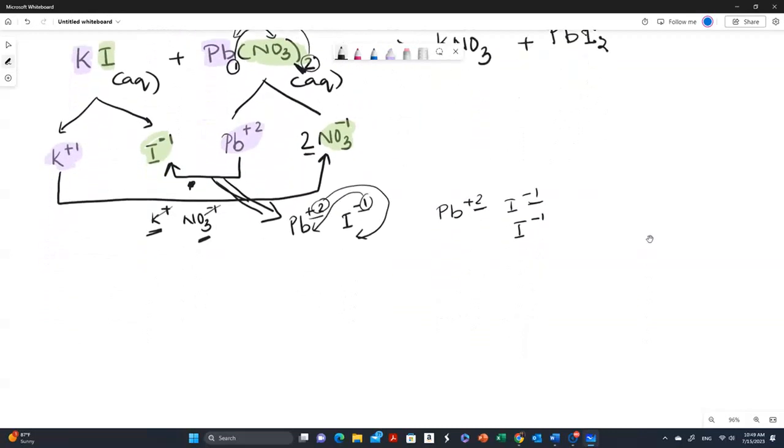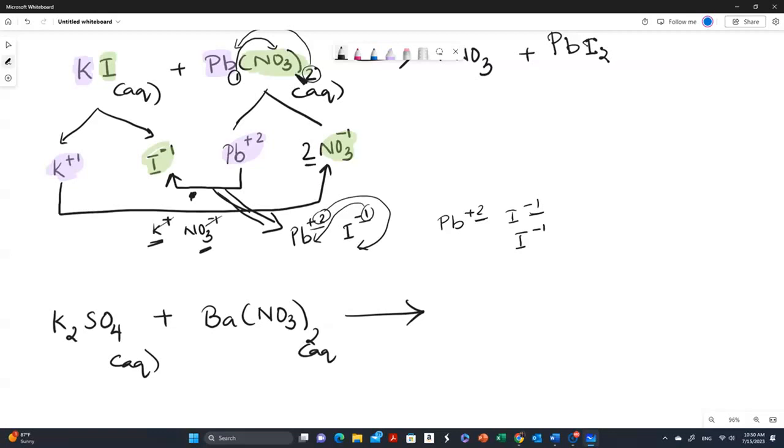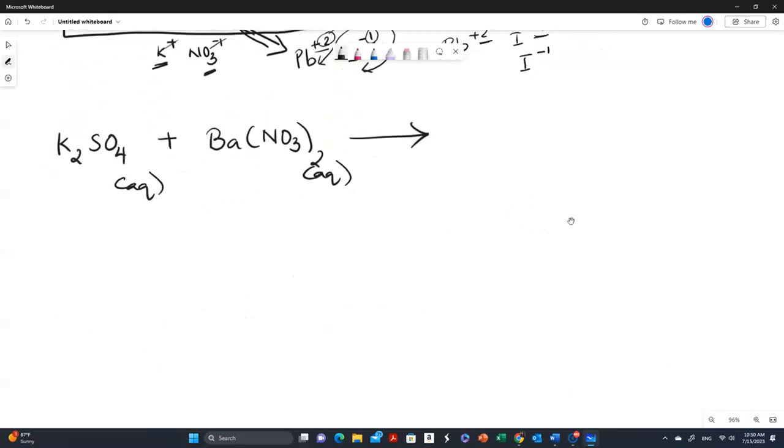So let's do one or two more problems. I'm going to take, say, potassium sulfate, K2SO4, and barium nitrate, Ba(NO3)2. Both of them are in aqueous solution. Let's see how we can write the double displacement reaction.